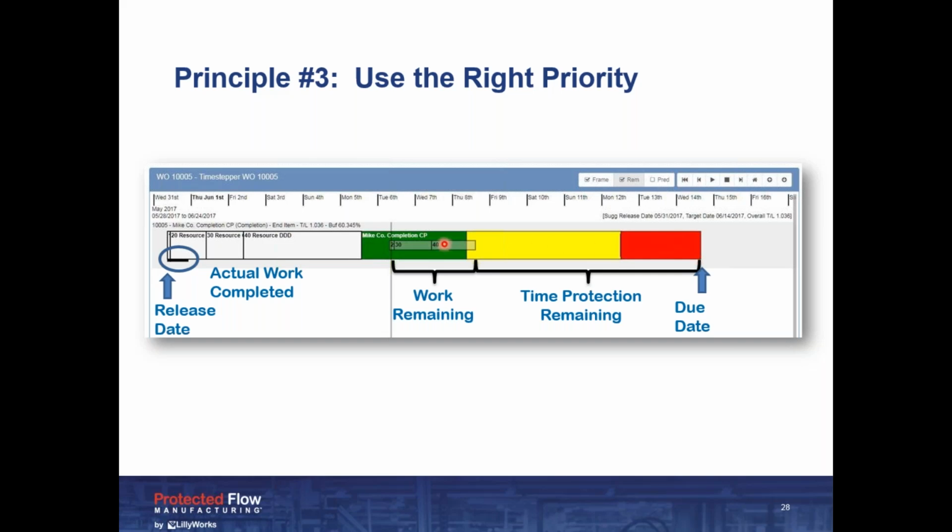We take the percentage of the work remaining and we divide it by the percentage of time protection still left, okay? That gives us what's called the threat level priority. So the idea is, if I'm doing work faster than my time protection is being eaten up simply by the passage of time, then my threat level is going to go lower and lower.